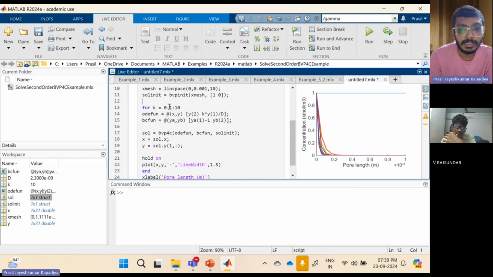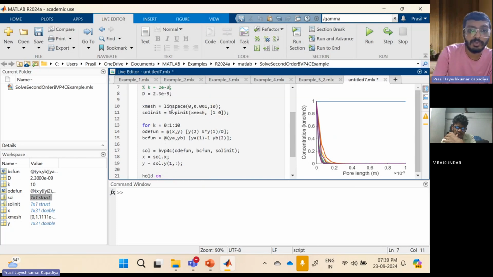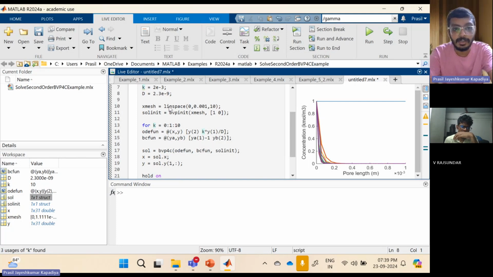So let's do one thing. Now let's fix the value of k to this point and try to change the value of diffusivity.